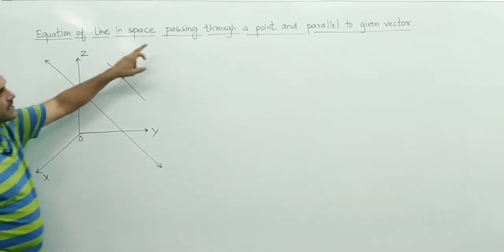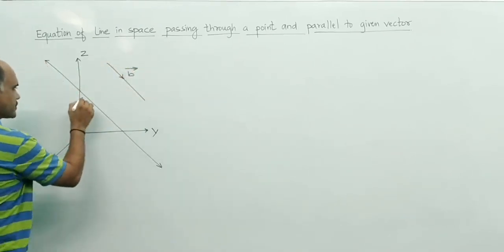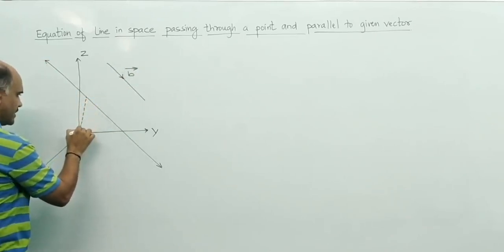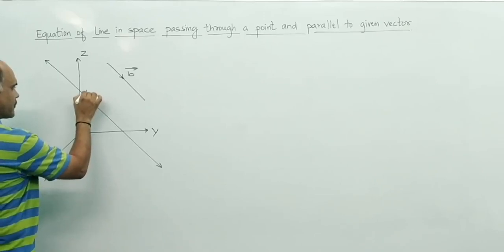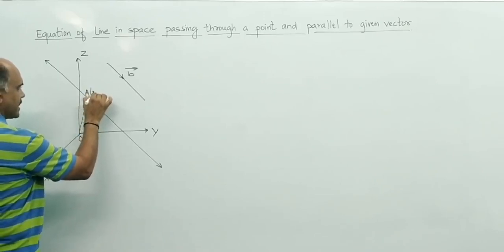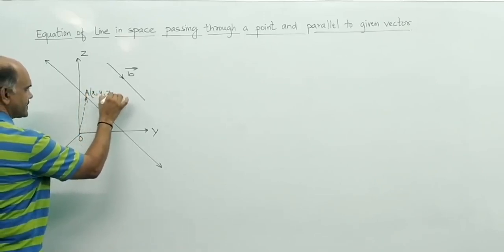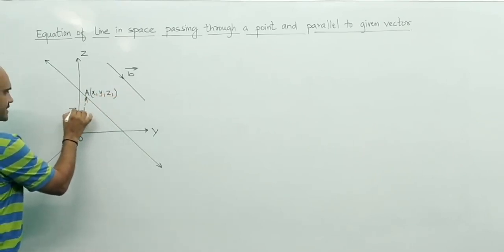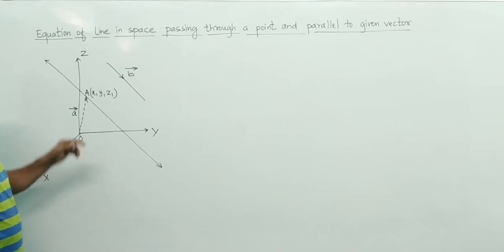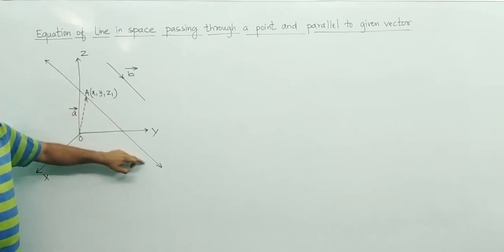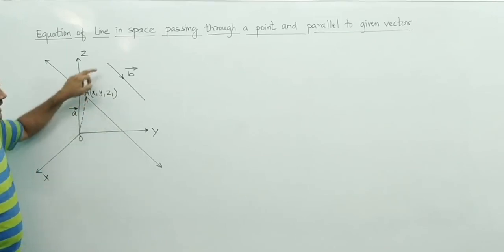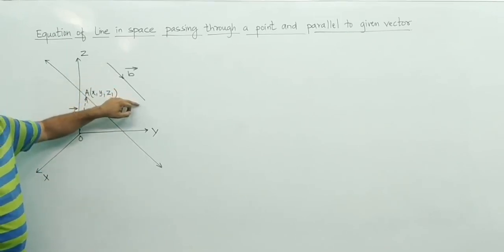What he says, it passes through a point. So I will take it passing through a given point. This point I will take as A, x1, y1, z1, and its position vector I will take as a. So this line is passing through point A of x1, y1, z1 and is parallel to vector b.